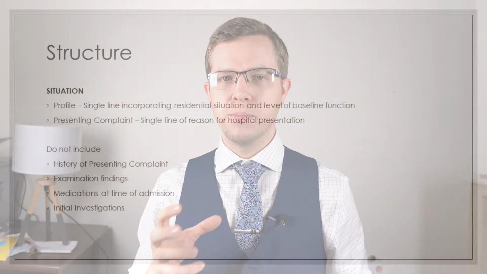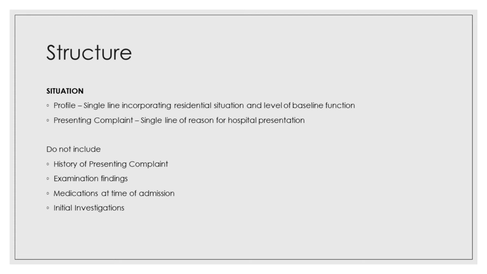In terms of the situation, we want to know, why would this patient come to hospital? And very briefly, it's just 2 lines. The profile says the background profile just prior to admission of the patient, what their function is like and who they live with. And in terms of the presenting complaint, just 1 line that encapsulates the reason that they attended hospital. What we don't want to include here is a very detailed history of presenting complaint.